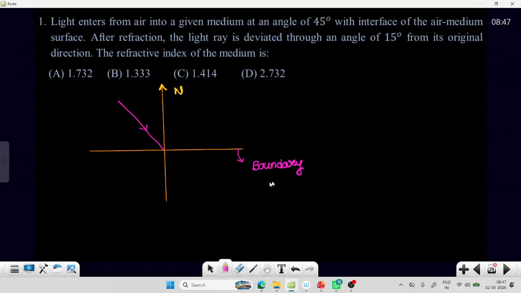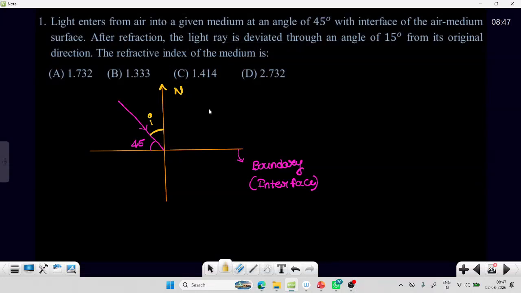Boundary means junction, or we can also call it an interface. If the angle is not mentioned otherwise, it will be taken from the normal, but here they mention the interface angle. But the angle of incidence should always be measured with respect to the normal, so this is 45 means I is also 45.